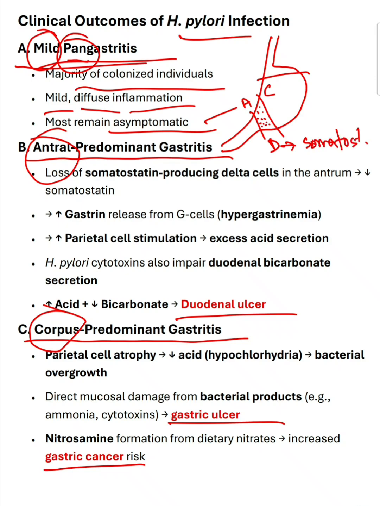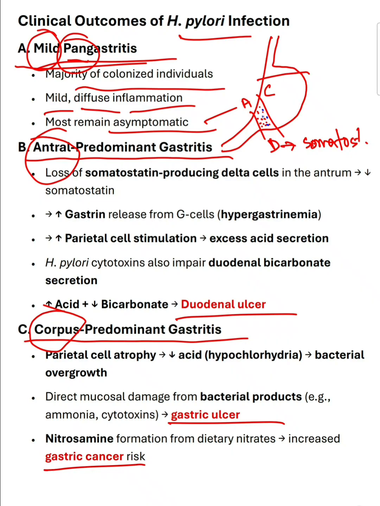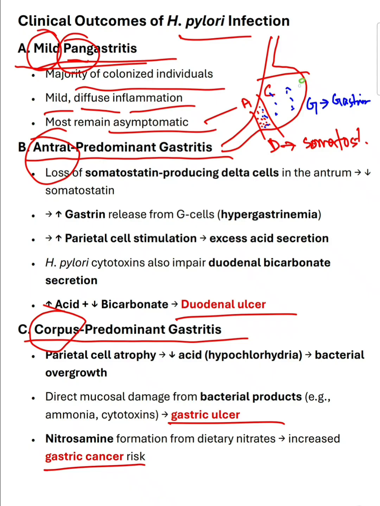Somatostatin. And in the antrum as well as in the body, there are G cells which release gastrin, and there are parietal cells which are found in the body, fundus.